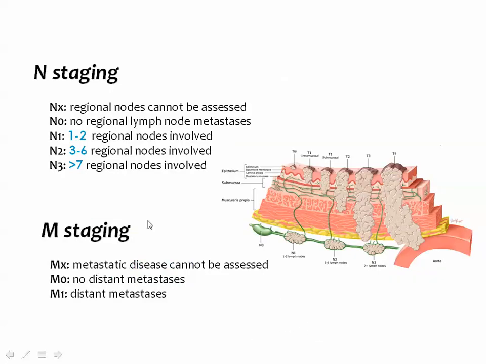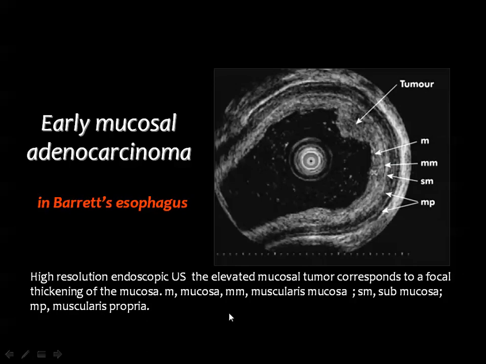Staging of nodal metastases depends on the number of lymph nodes in the region of the involved segment. N1 means 1 to 2 regional nodes, N2 3 to 6 regional nodes, and N3 more than 7 regional nodes. And the M1, of course, is the detection of distant metastases.